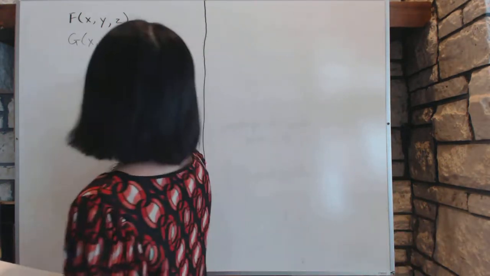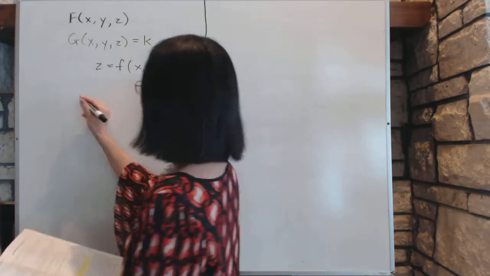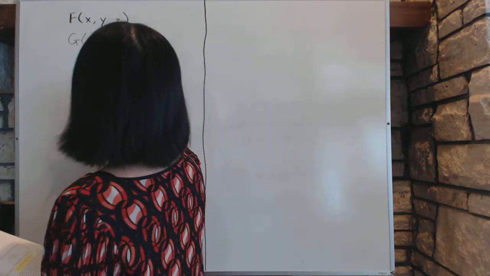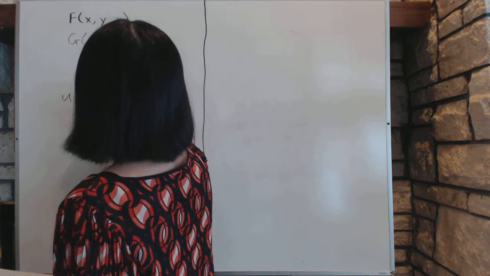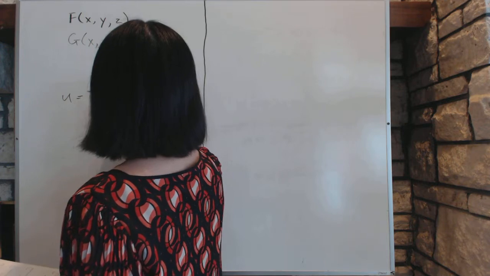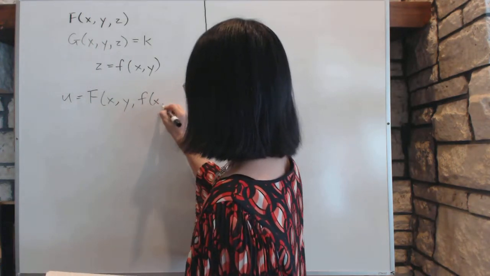So you plug z equal to f(x, y) into here, and you set this particular function, let's say u equal to f(x, y, z), which is f(x, y).